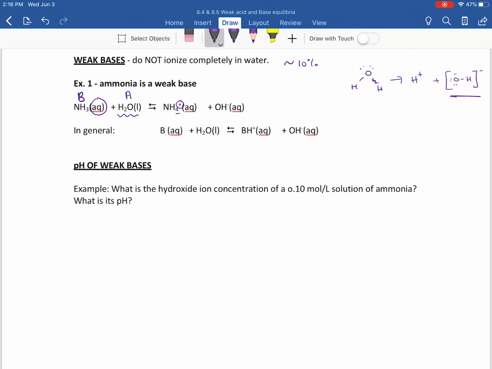That's what makes water an acid. And it forms the hydroxide. So we can link these two entities together, making this the conjugate acid because the ammonium ion is now capable of donating a proton. And we can link these two together, making the hydroxide the conjugate base because it can no longer donate a proton.